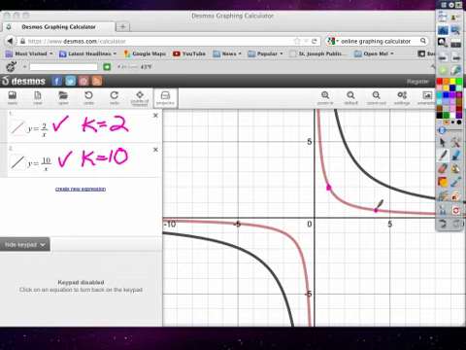For example, if we put in an x value of 1/2, that would be 2 divided by 1/2. Well, 2 divided by a fraction, you never do that. 2 times the reciprocal, that's a 4. So when we have an x value of 1/2, we have a y value of 4. If we continue to do this for all numbers, we are getting that red curve.